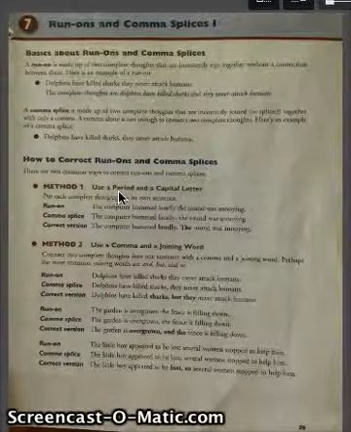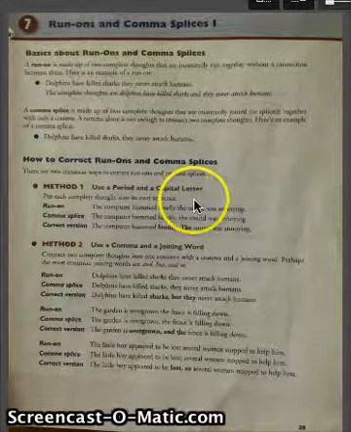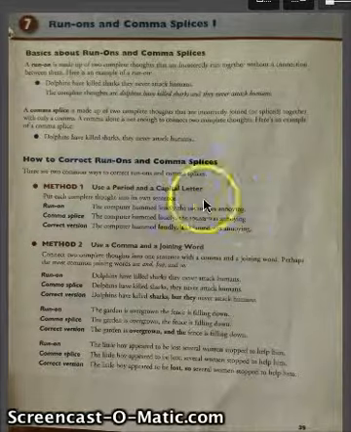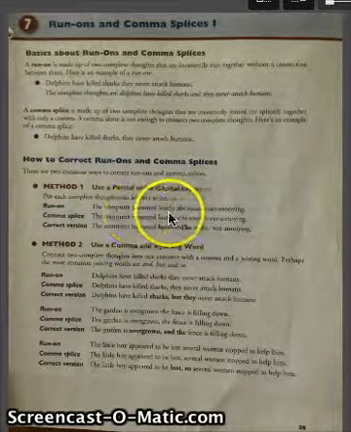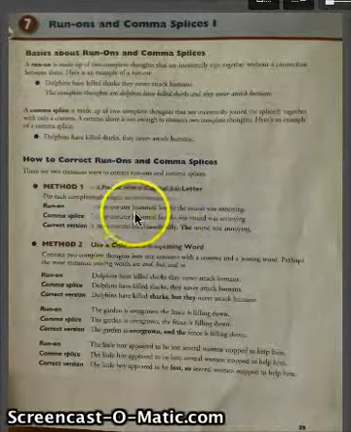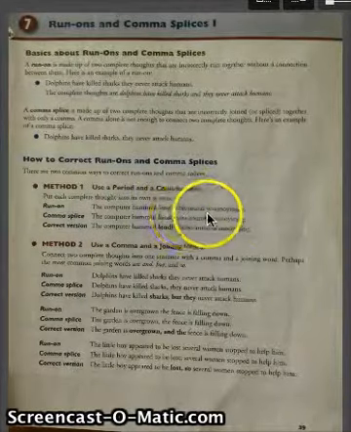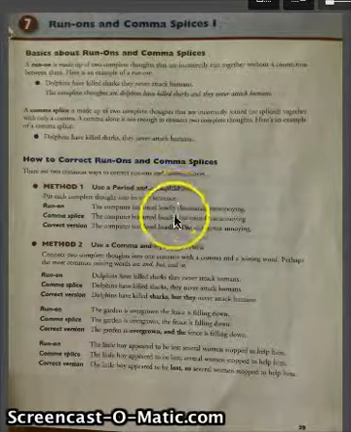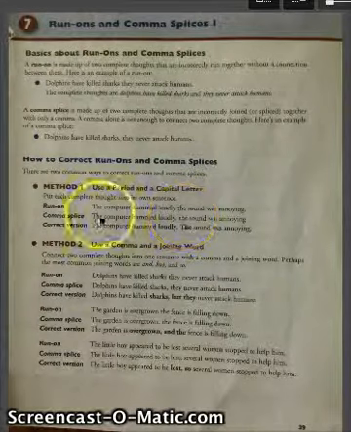Put each complete thought into its own complete sentence. The computer hummed loudly. The sound was annoying. There are two complete thoughts here, but there's no punctuation. That is, you have a subject, you have a predicate, you have a subject, you have a predicate. And there's no end punctuation or capitalization.